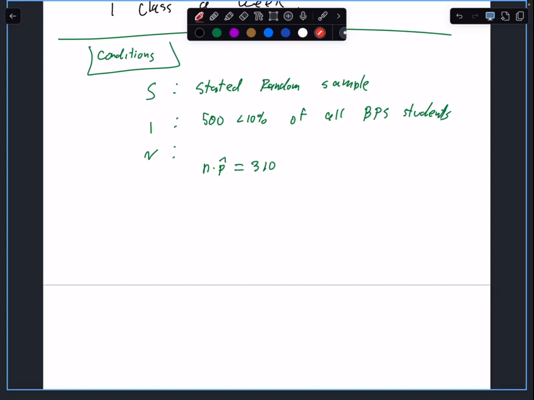Now, there is a long way to do it. I do want to note some people will go, well, P hat is 310 divided by 500, which is going to give me 0.62. And then they're going to go 500 times 0.62 gives me 310. Well, you already had the answer.